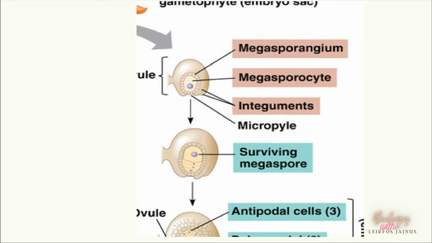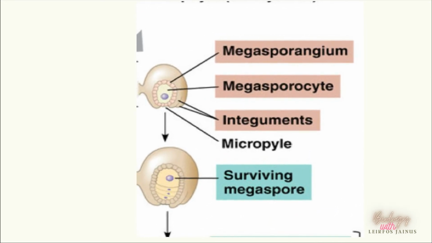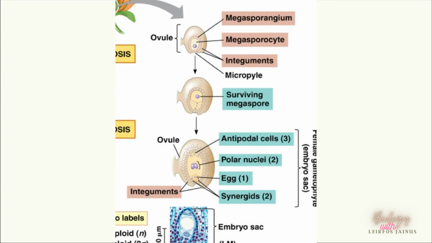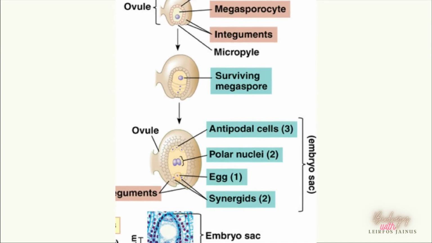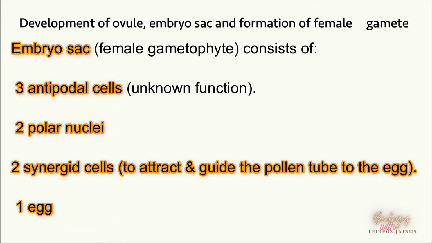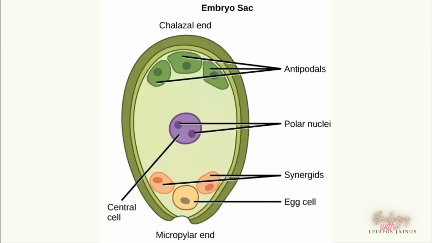Only one of the megaspores survives, while the other 3 degenerate. The surviving megaspore undergoes 3 rounds of mitosis without cytokinesis to form an embryo sac with 8 haploid nuclei, consisting of 3 antipodal cells, 2 polar nuclei, 2 synergid cells, and 1 egg.